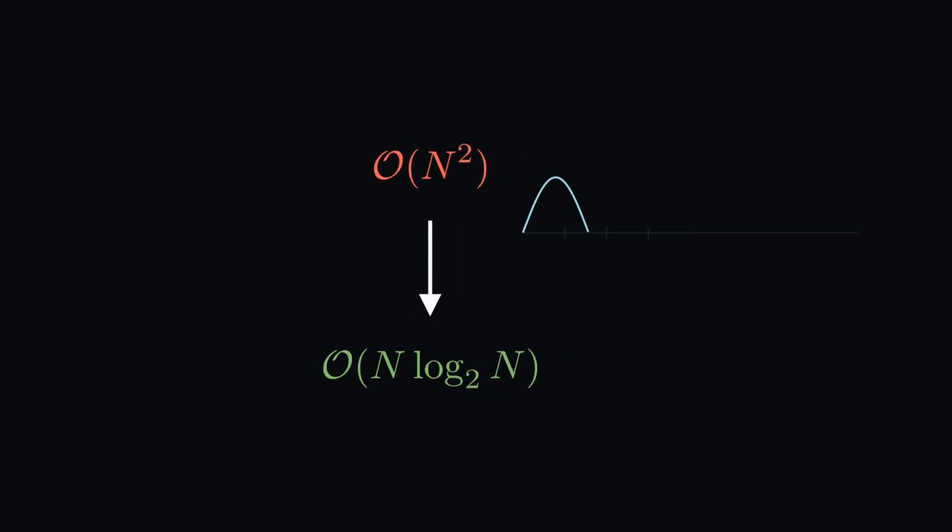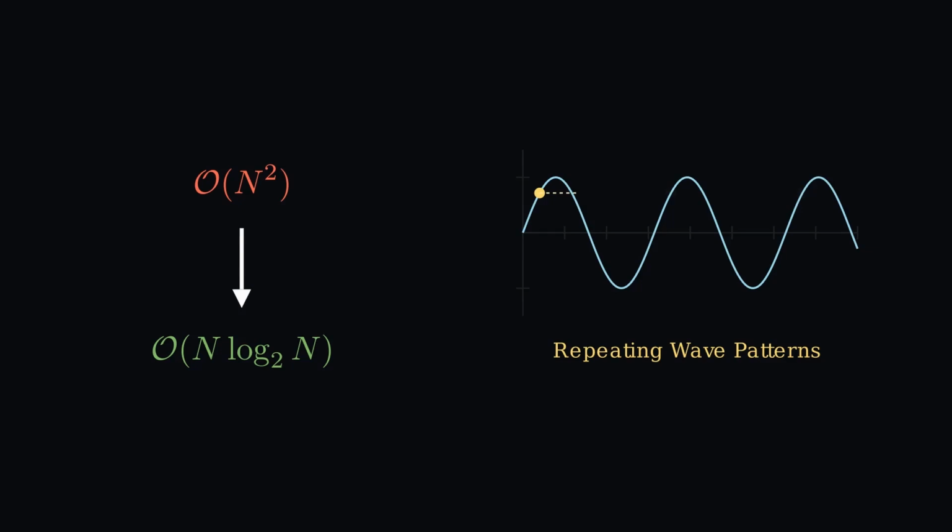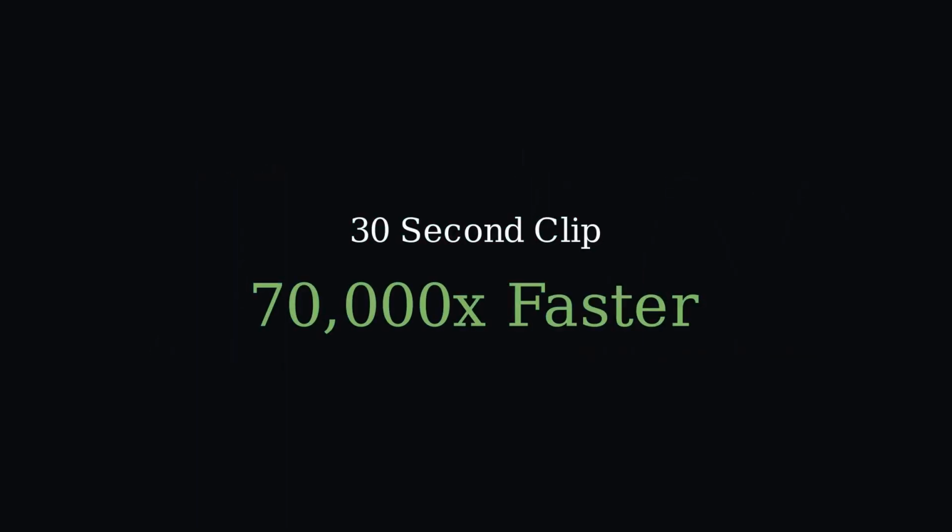This new order for binary samples cuts that O of n squared into O of n log n with base 2, by reusing the same calculation results for where the amplitudes happen to be the same, which given that it's a wave is pretty likely to happen a lot. For a 30-second clip, we cut the computer's workload already by nearly 70,000 times.